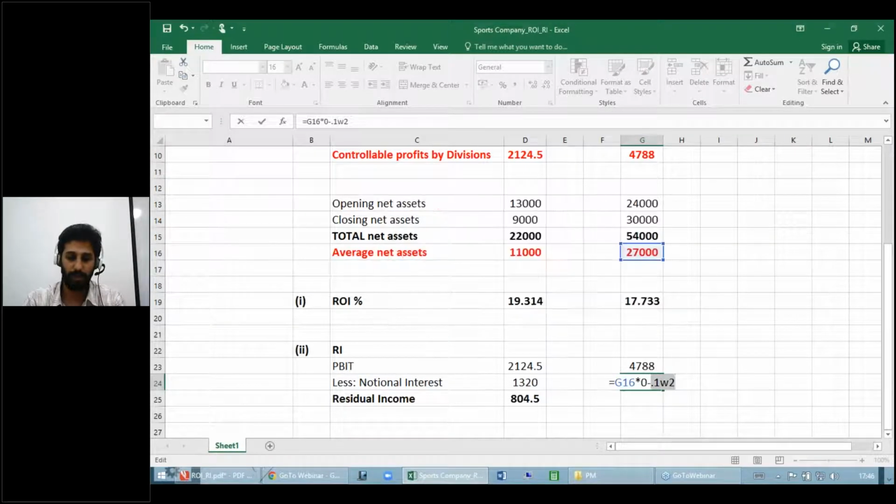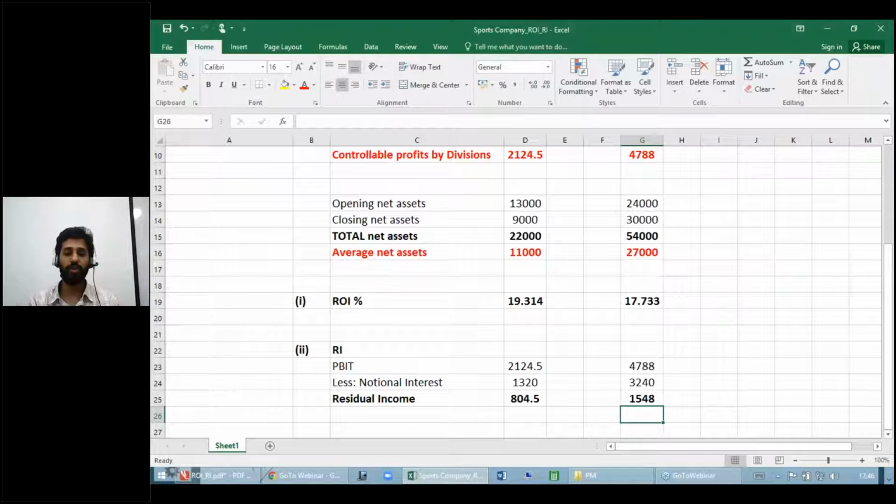Oh, sorry, this is a typing error. Price is equal to this capital multiplied by 0.12. That's 3240. Price is equal to the above cell minus the lower cell. You got the answer. And now this is my answer.